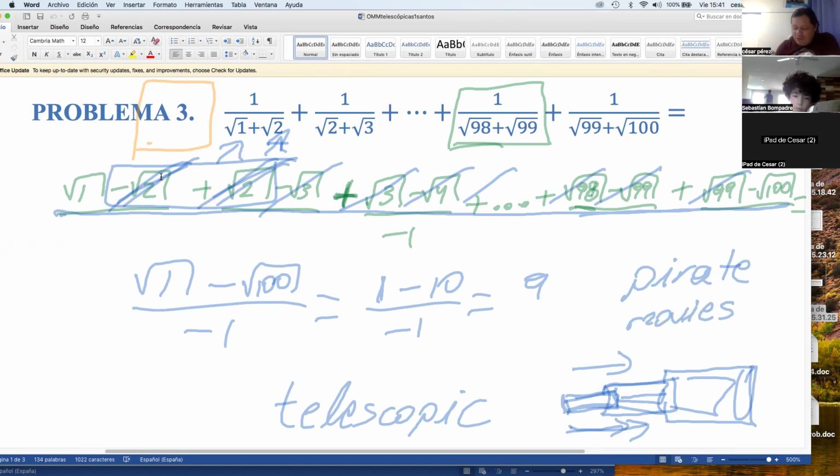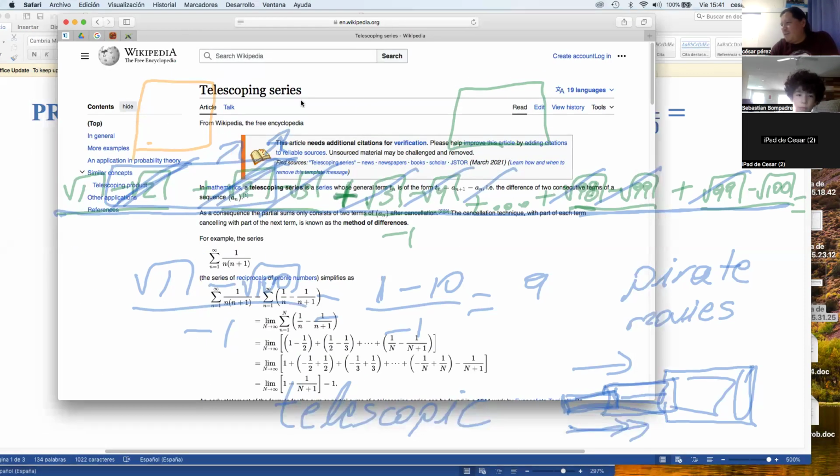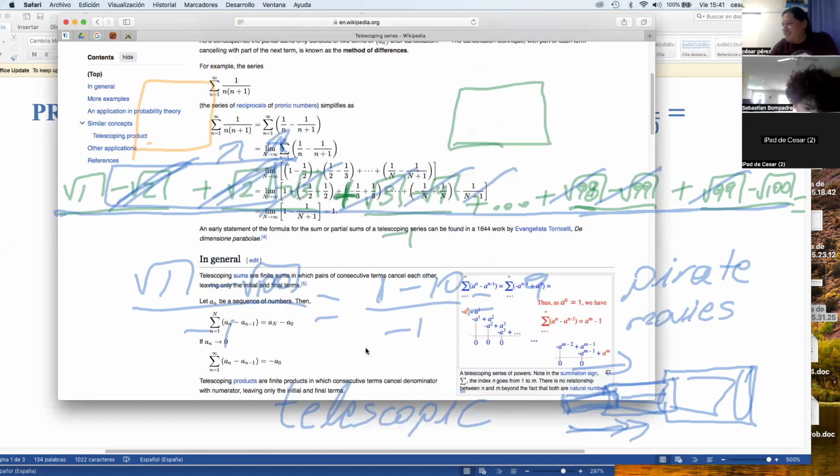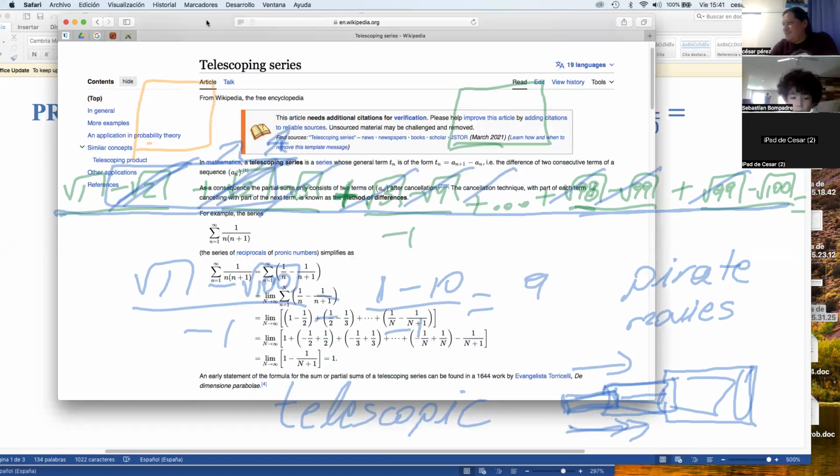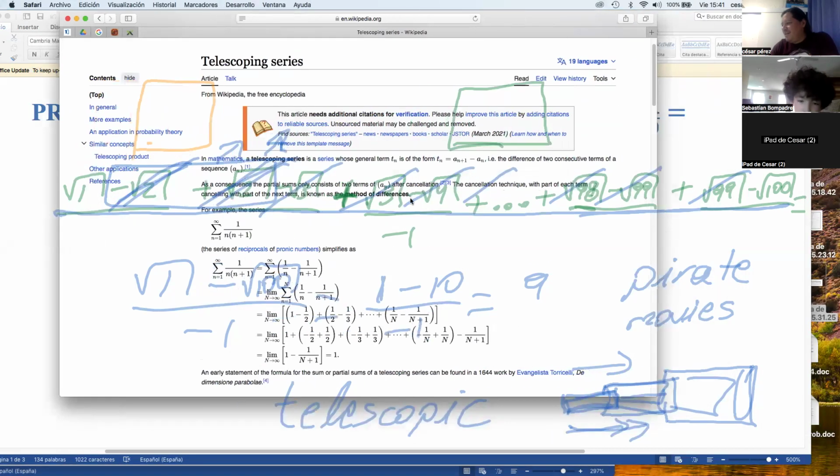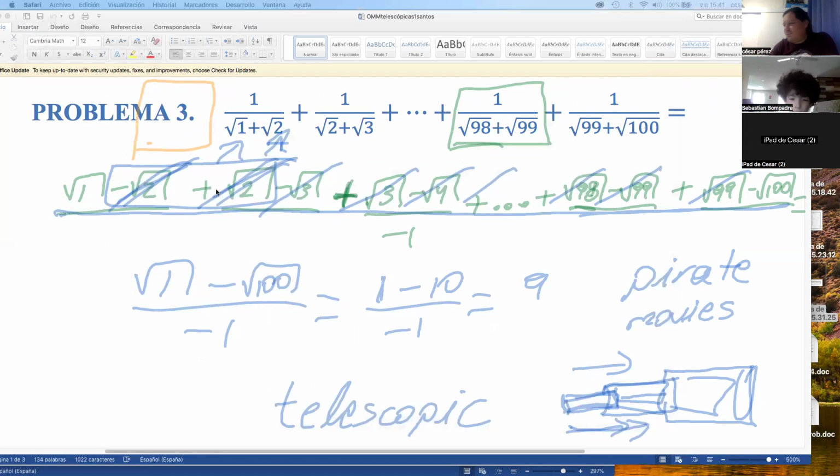They call this telescoping series: series that can have an infinite number of terms, but they will cancel. So we will get only the first one and the last one, and it's easier to calculate the value.